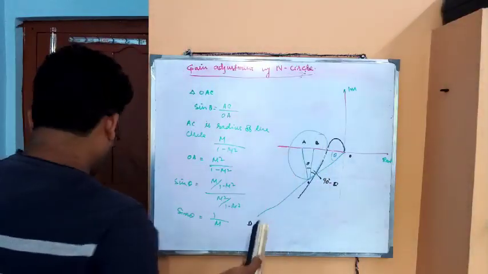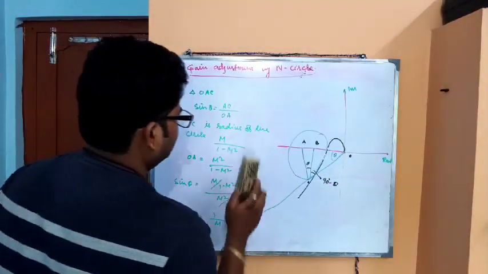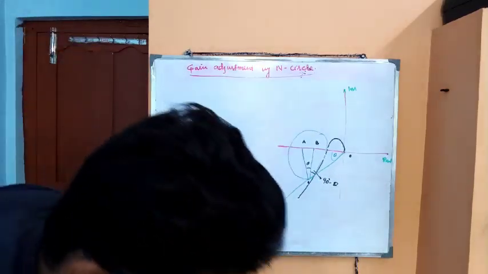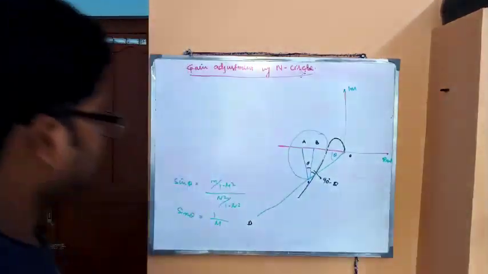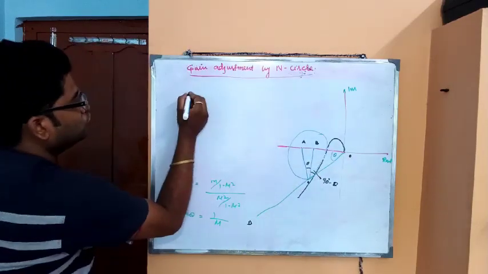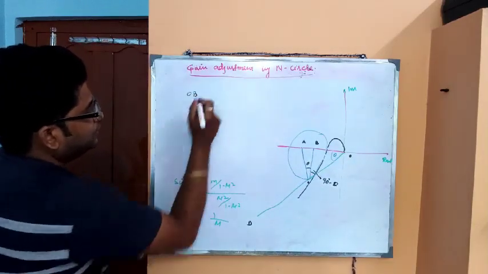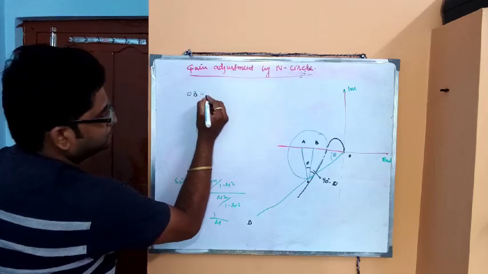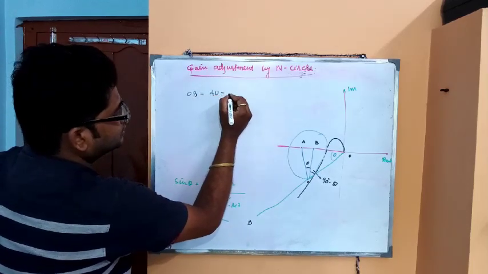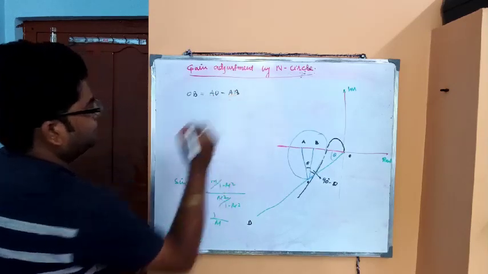So I am rubbing this portion of the diagram. So OB is equal to AO minus AB.